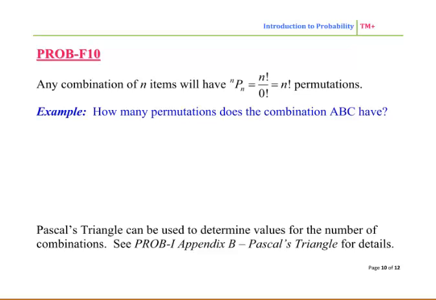Well, there are 3 things to choose from, so it's going to have 3 factorial, which is 6 permutations. So the combination ABC can be arranged in 6 different ways if we wanted to. Now Pascal's triangle can be used to determine values of the number of combinations, and you can refer to Probability I, which is in the appendix for that.